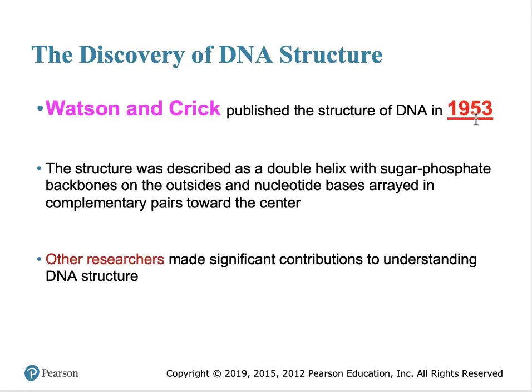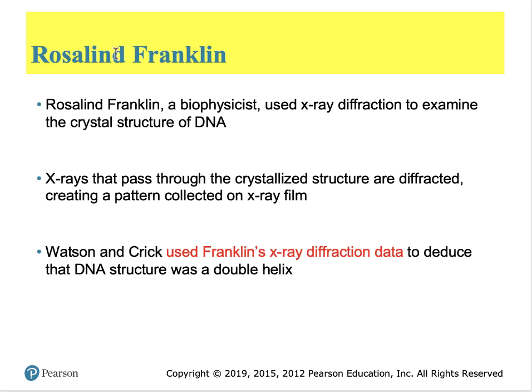Well, we start back in 1953 when Watson and Crick published a paper revealing the structure of DNA. That work was not their own. All they did was put the pieces together while sitting around in pubs. But still, regardless, they do get credit. The bulk of the work was done by other scientists who published their work at the time.